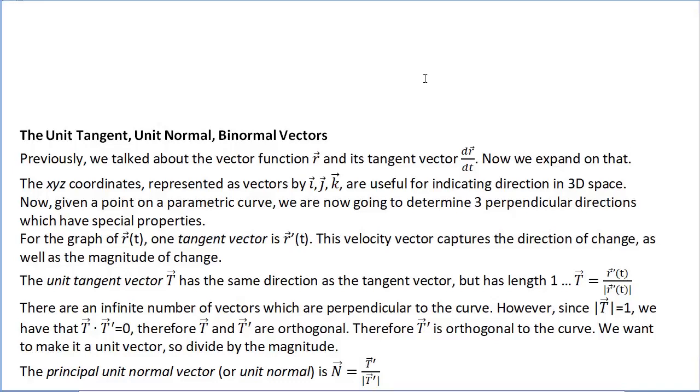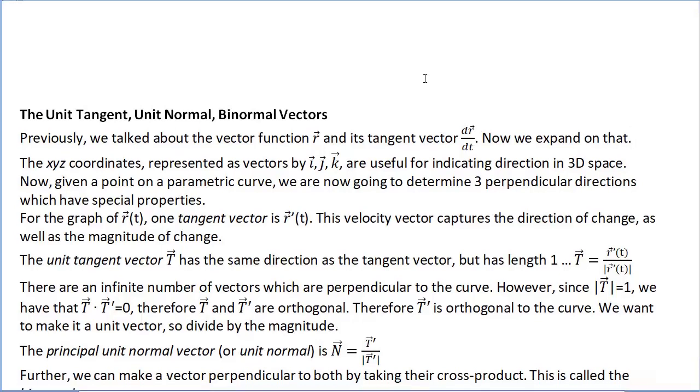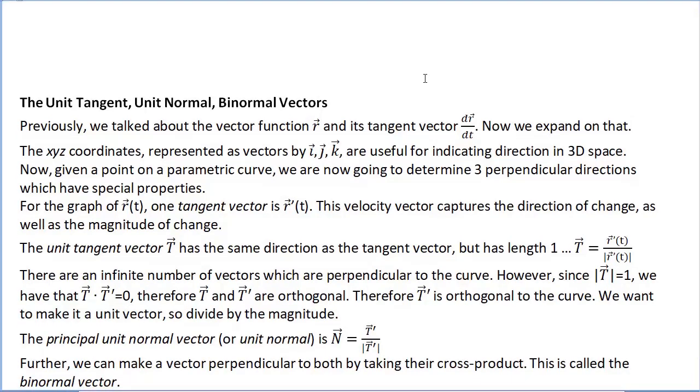So notice that we're imagining that we're in three-dimensional space. We have the tangent direction, we have a unit vector for the tangent direction, and a unit vector for a perpendicular direction. Now finally, we need one more vector, which is perpendicular to both of those, to manage our three-dimensional space. We can make a vector perpendicular to both T and N by taking the cross product. This is called the binormal vector.